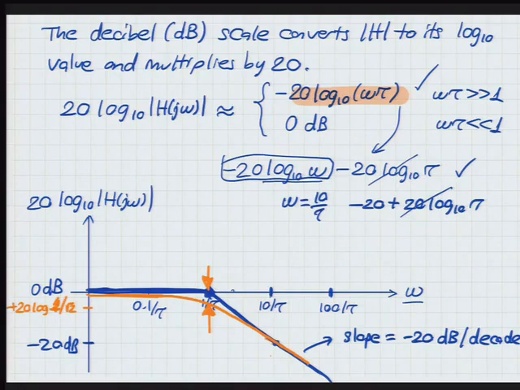But you can simplify this because that's the same as negative 20 log square root of 2. And because it's a square root, it's 1/2 log 2. So that's actually negative 10 log 2.